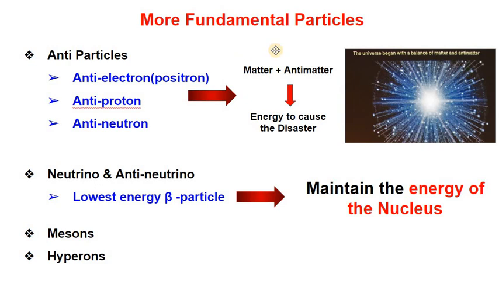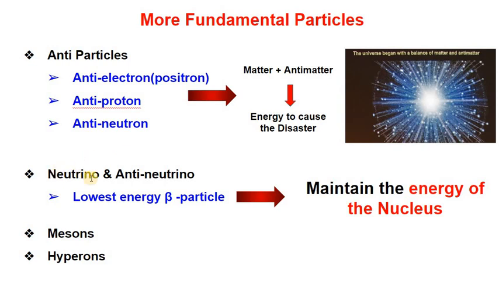That's why matter and antimatter cannot interact, and that's why the universe exists. You can expect matter to be the positive thing and antimatter the negative thing; positive something plus negative something results in zero, that means nothing. Here also the situation is the same: matter and antimatter create energy that causes disaster, that means destruction occurs when matter comes close to antimatter.